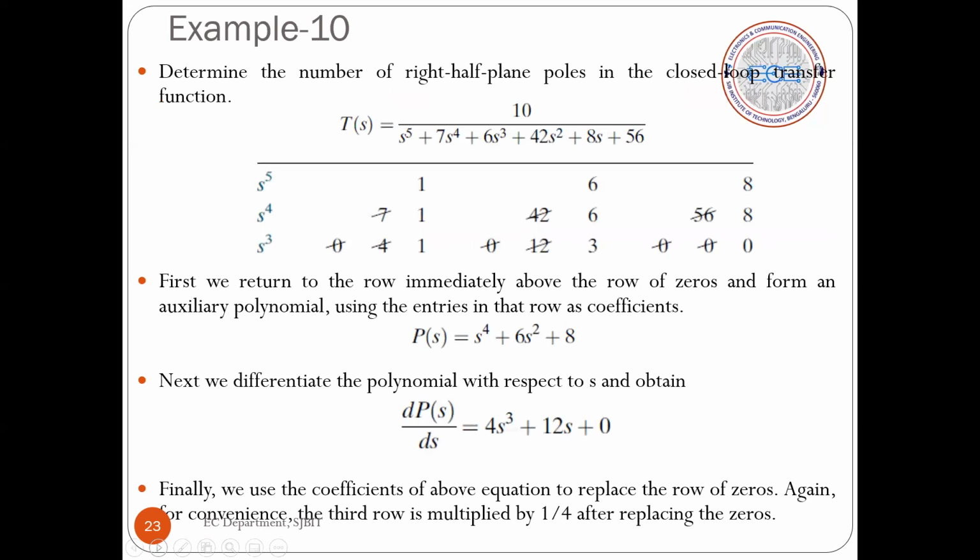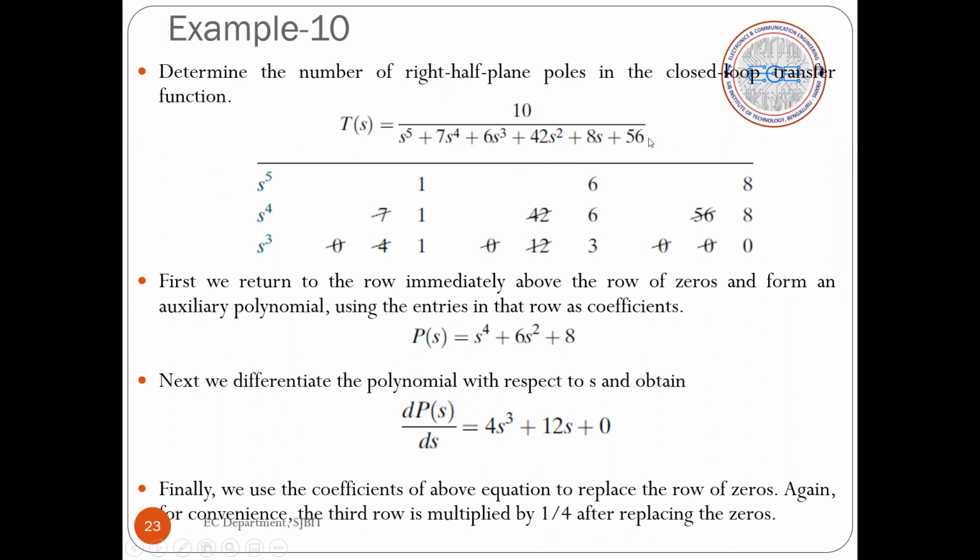Now we'll take an example. What is the question here? Determine the number of right half plane poles in the closed loop transfer function. Take the denominator polynomial, with s power 5 as the highest power: s^5 plus 7s^4 plus 6s^3 plus 42s^2 plus 8s plus 56.